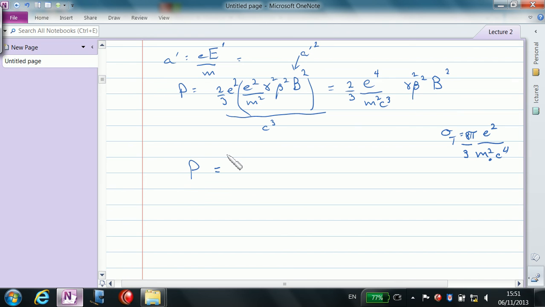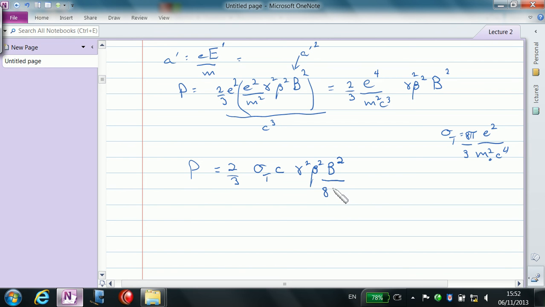So I can write that the power is equal to 2/3 times sigma Thomson, and this was c to the fourth, and I want to get back to c cubed, so it's times c times gamma squared beta squared B squared.